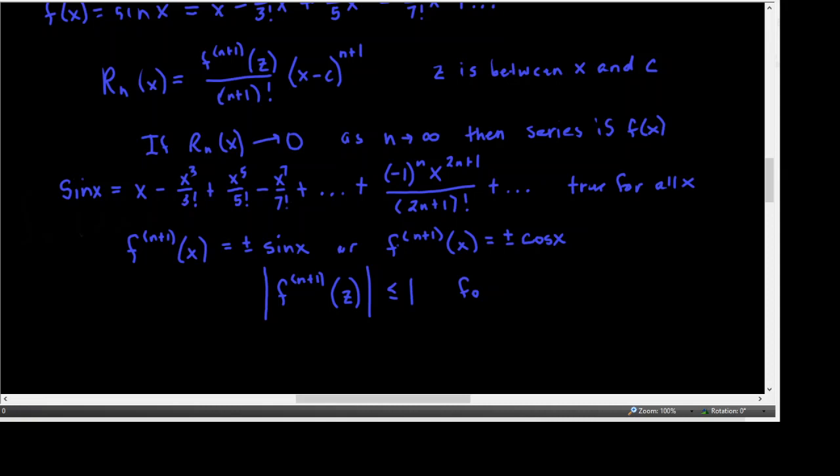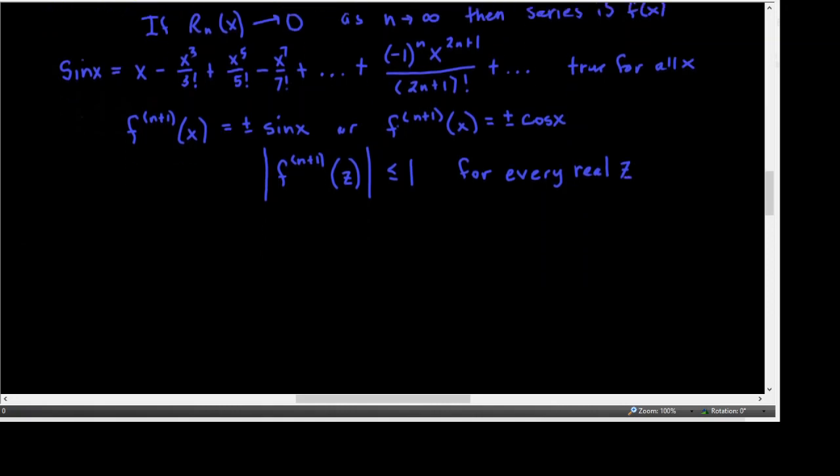Any real number you pick, if you put it into the n plus 1 derivative, no matter which of the 4 it is, and evaluate it, then take the absolute value of your answer, that answer will be a number that's less than or equal to 1 for any real number z that we pick. Okay.